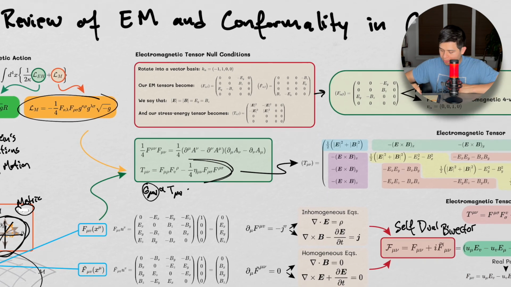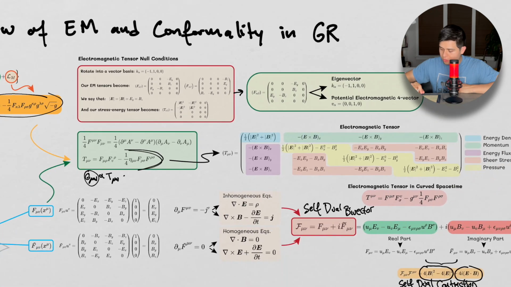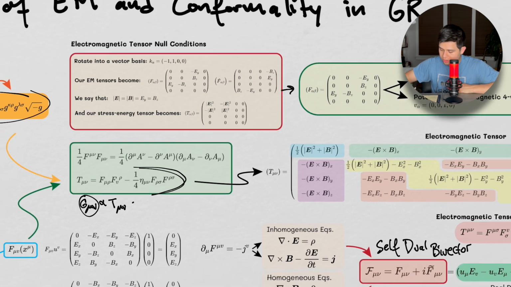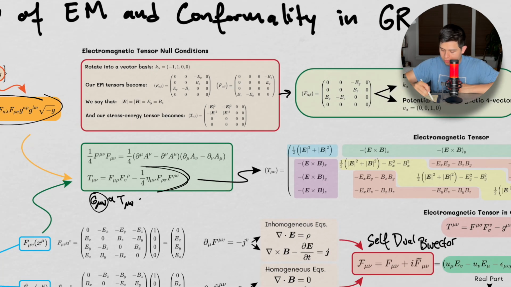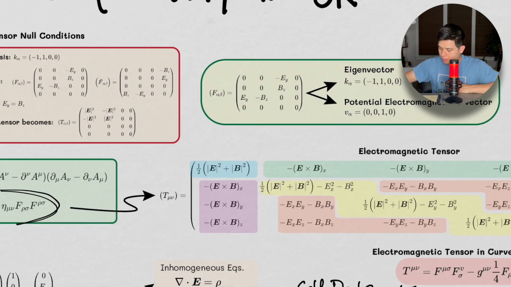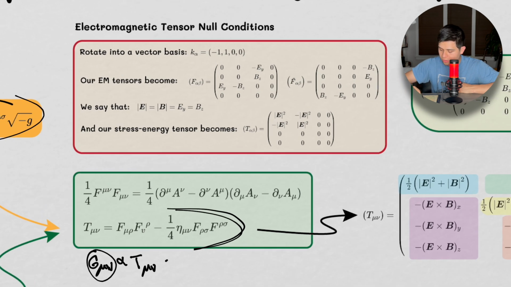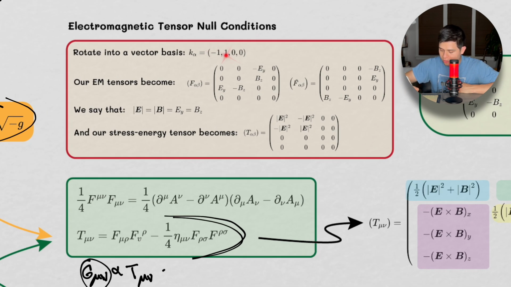Okay, we were also able to see electromagnetic tensor null conditions, right? Really what we want to find is, we had a vector basis. Our vector basis that we defined had a temporal component and an x component.